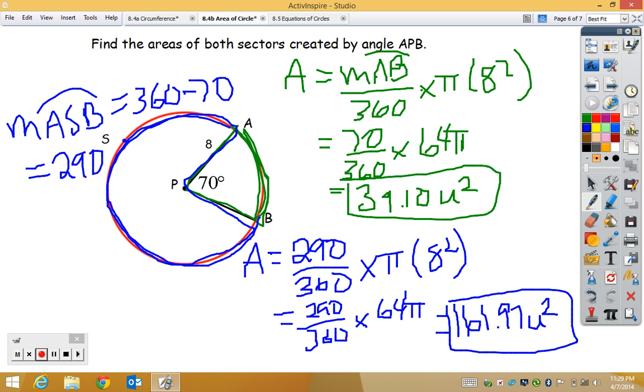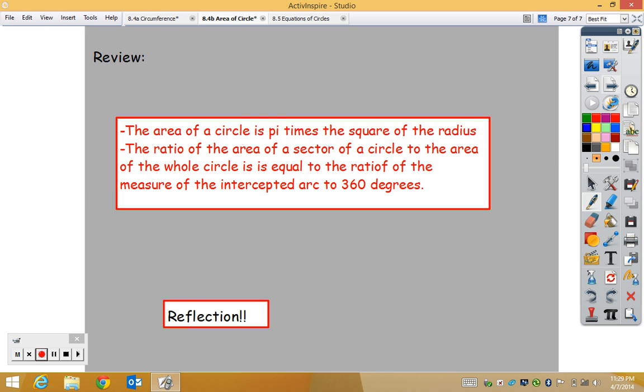Okay, to review, the area of a circle is pi times the square of the radius, so A equals pi r squared. The ratio of the area of a sector of a circle to the area of the whole circle is equal to the ratio of the measure of the intercepted arc to 360 degrees.